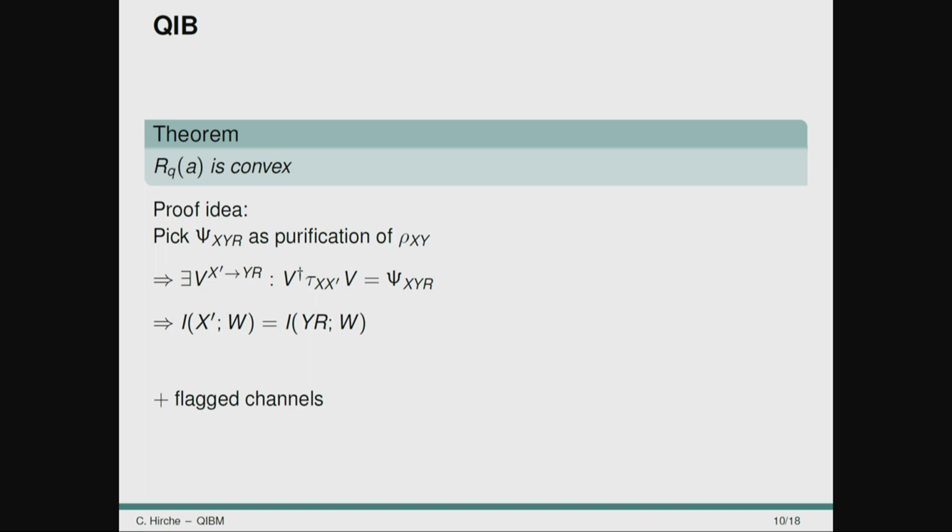And in fact, here the idea we found is that if you do the purification trick already one step earlier, so you purify your state rho xy, you can actually use very simple arguments to see that there's an isometry relating the state tau, which was annoying us on the previous slide, with the purification of the initial state.